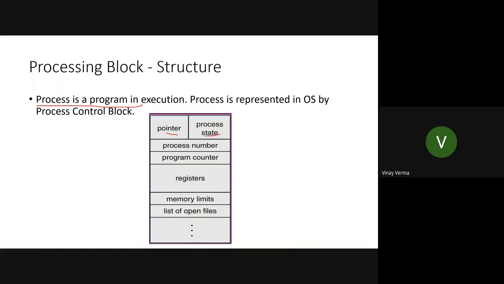Pointer, process state, is it running or stopped? Then process number, out of 20 processes, which one it is? Then program counter, done already in MPMC. Then registers, then memory limit, and list of open files. So these are the process structure.